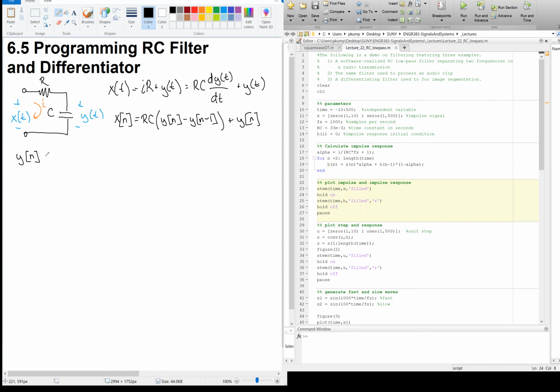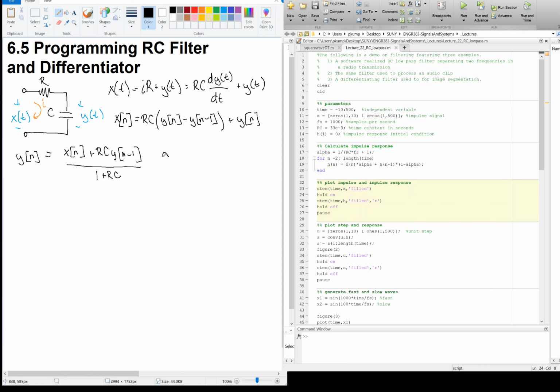So I get y(n) equals x(n) plus RC y(n-1) over 1 plus RC.